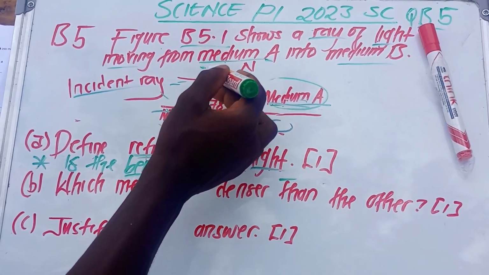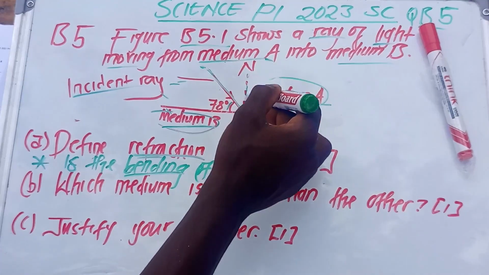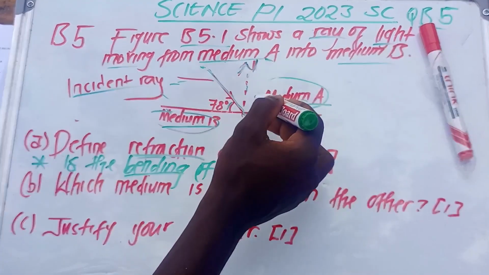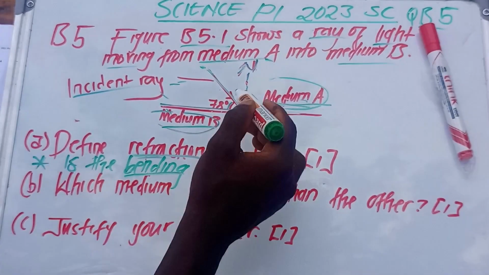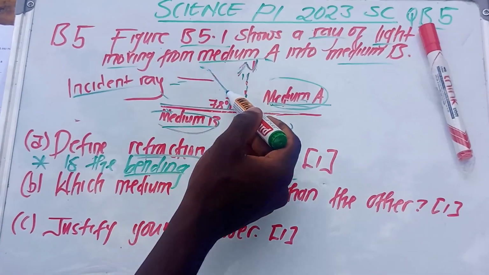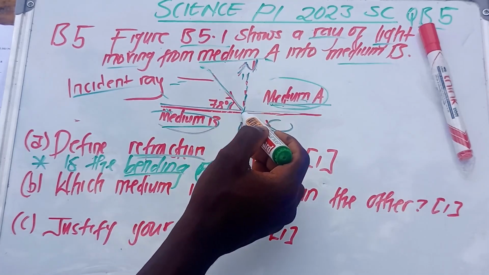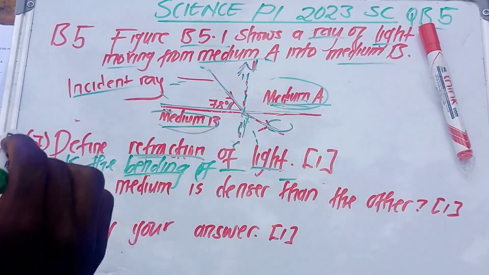Consider whether it has bent away from the normal, because this is the normal ray, which is perpendicular to the boundary, which is this one. So consider how this ray of light has bent, either away from the normal or towards the normal.